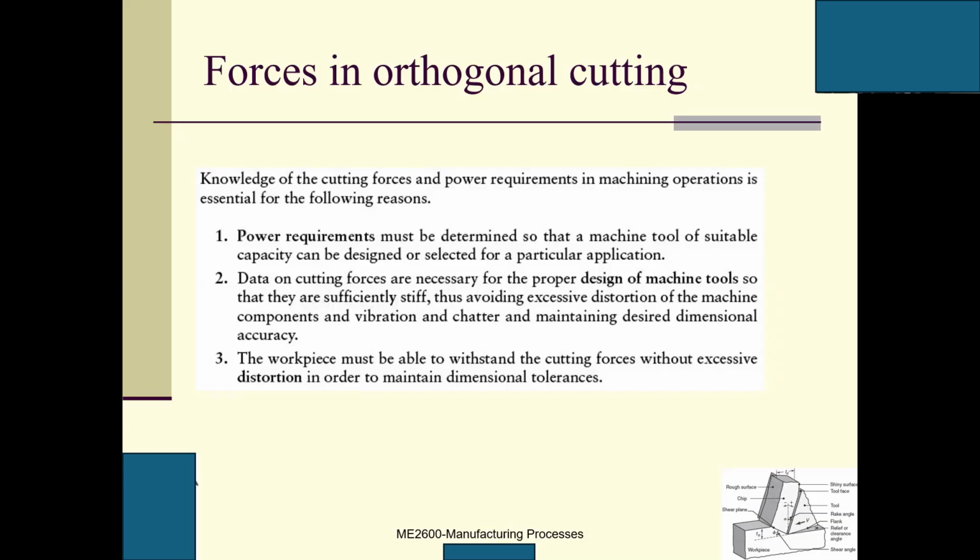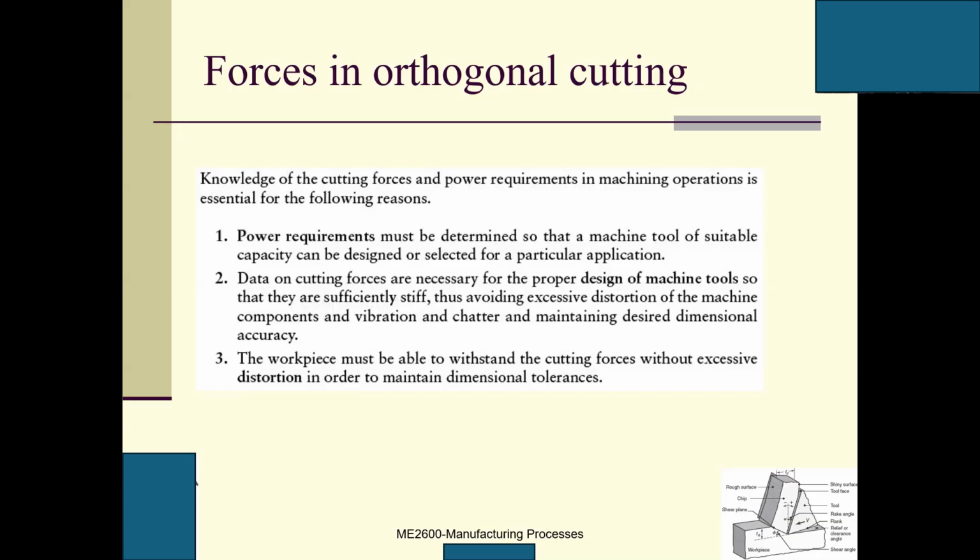So that they are sufficiently stable. They must be stable enough, thus avoiding excessive distortion of the machine components, vibration and chatter, and maintaining desired dimensional accuracy. Because we have cutting force, right? Whenever you want to remove some layers from the raw material, you need to provide some force.